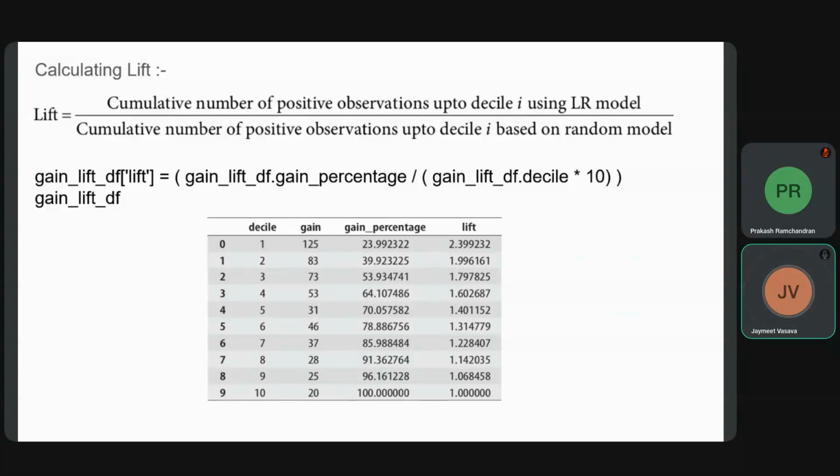So these are the values that we get. After the gain percentage, we have added the lift as an additional column and saved those values of lift.